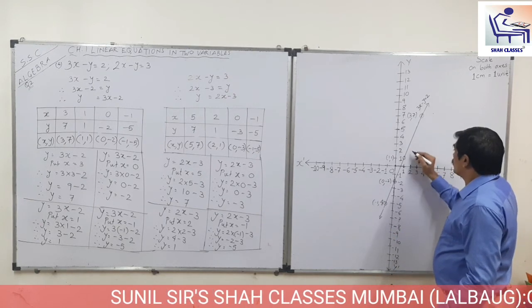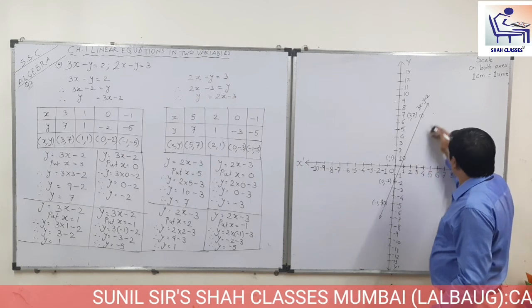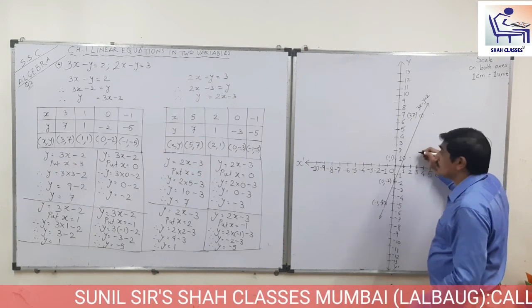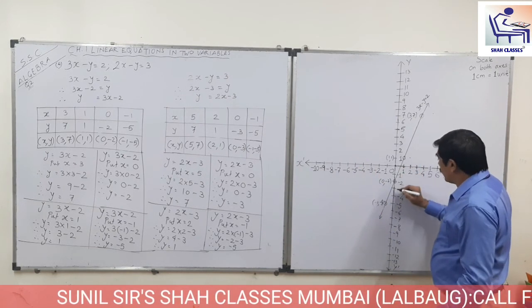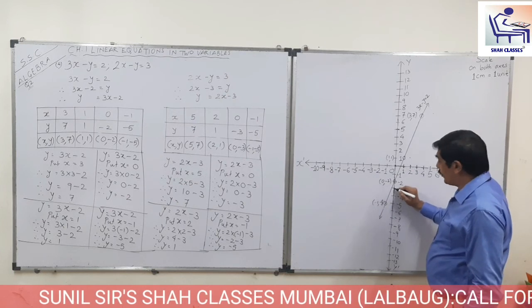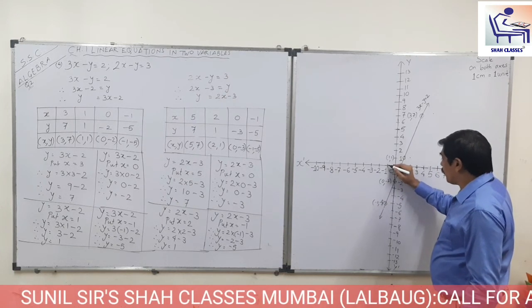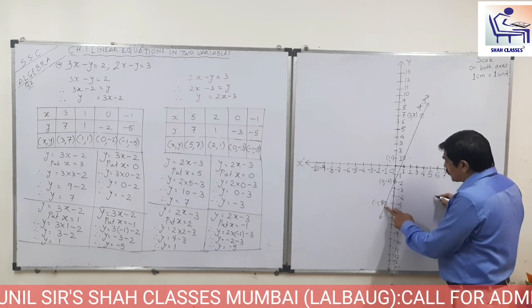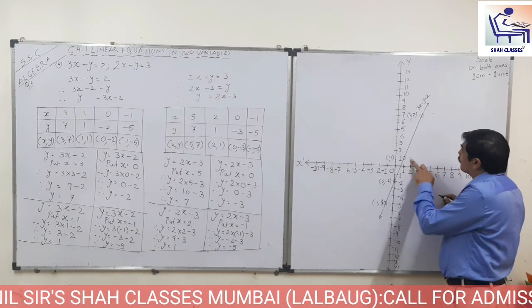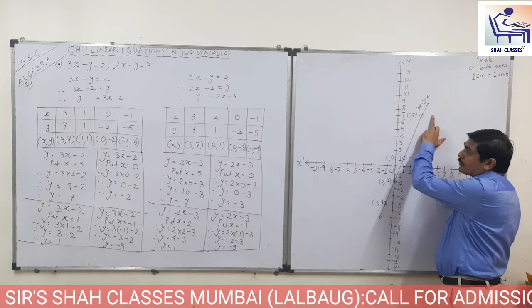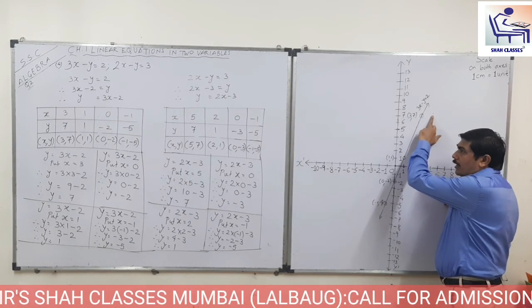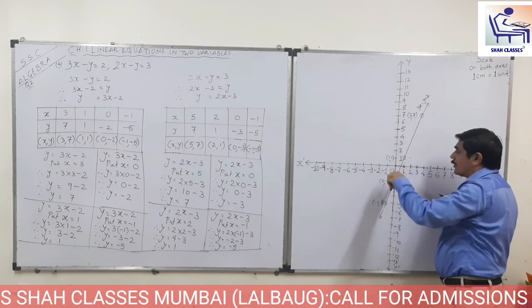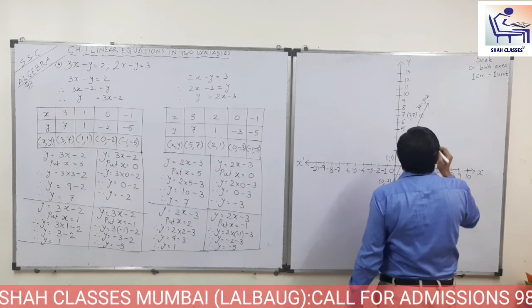Now 2 and 1, so your second point is 1. Your third point is 0 minus 3, and your fourth point is minus 1 and minus 5. So first point, second point, third point and your fourth point. Now we have to join them to get the line of equation.